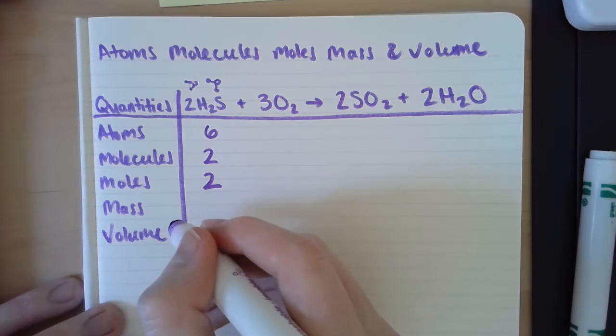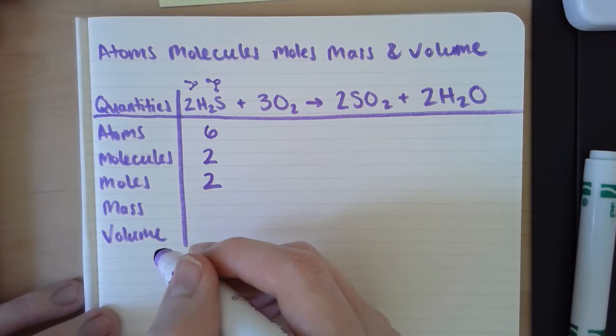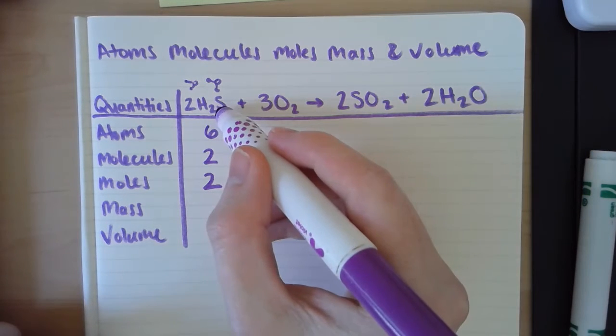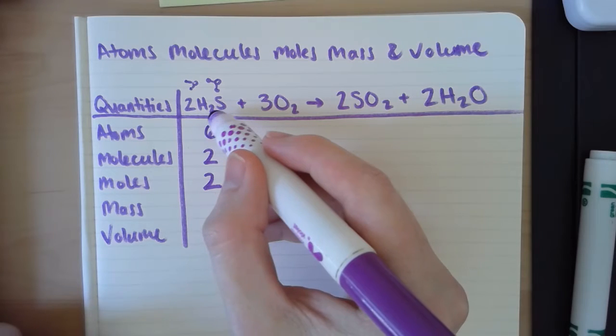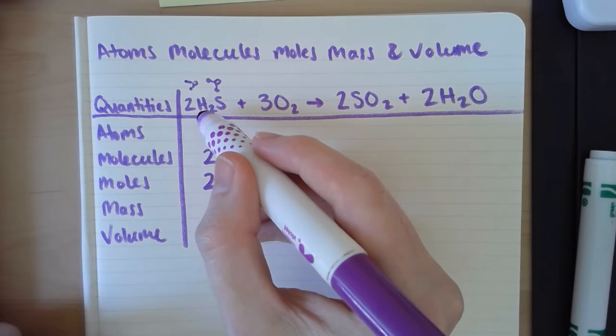And then mass, remember from last video you determined the mass of something by taking the individual masses of each of these atoms and then multiplying by the coefficient.